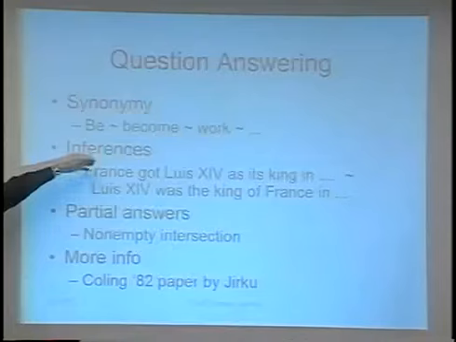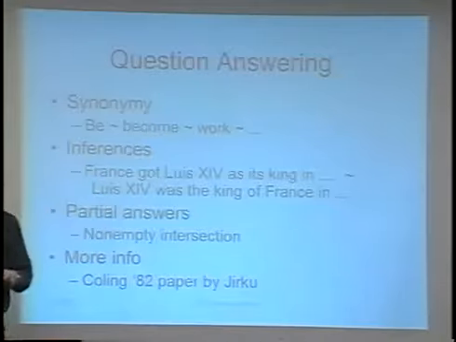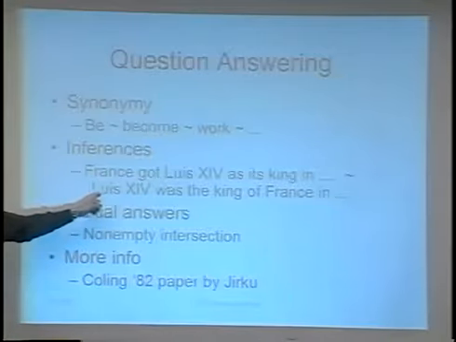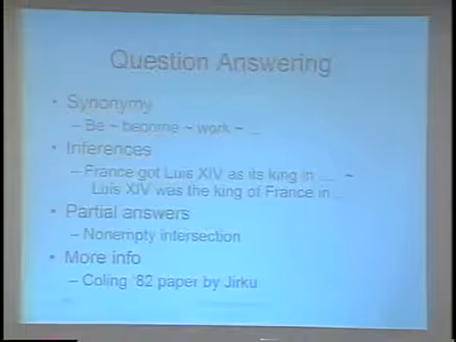But then, of course, for some things you still have to use what we call inferencing. So, for example, if you say that France got Louis XIV as its king, it should kind of correspond also to the sentence that Louis XIV was the king of France, right?